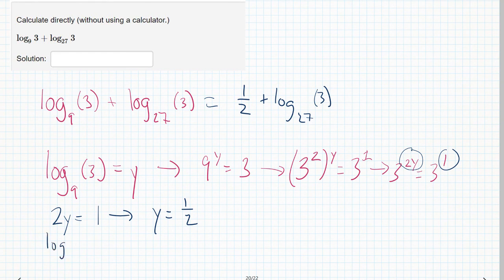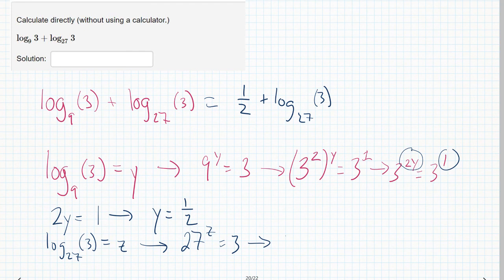So now let's try and figure out log base 27 of 3. And let's call that equal to, say, z. What does that mean? Well, that means 27 to the z power equals 3. So that's not going to work for us. We need to get the same base because we're not using a calculator.